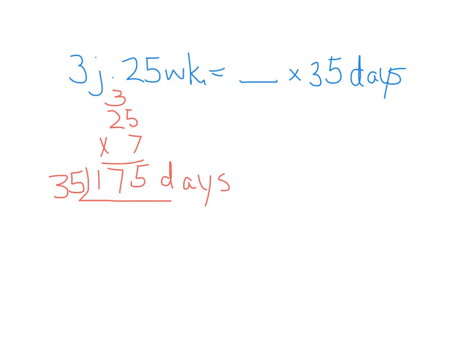So, all right, 5 times my 3 would give me the 15. Sorry, 5 times the 5. I got to multiply my ones place first. 5 times 5 is my 25. And I carry, and then 5 times my 3 is 15, plus 2 more is 17. So that's 175. So my answer here was 5.